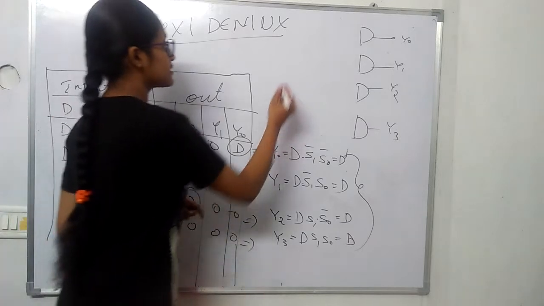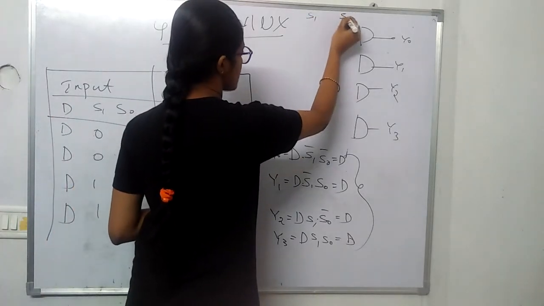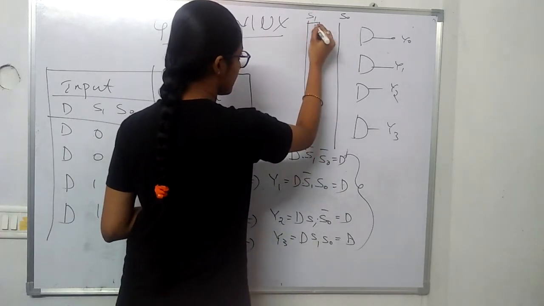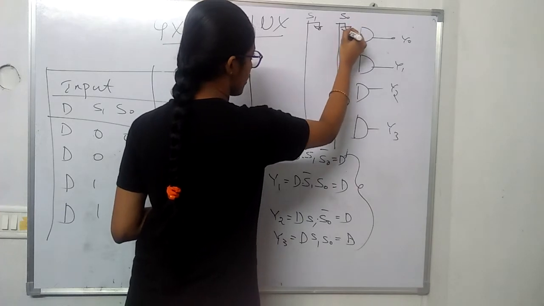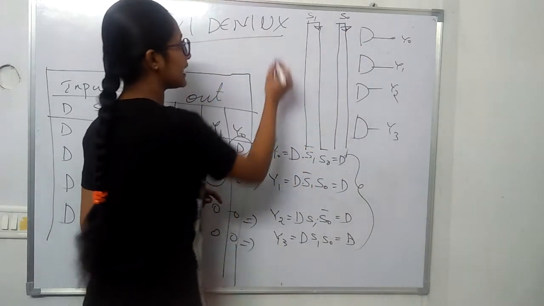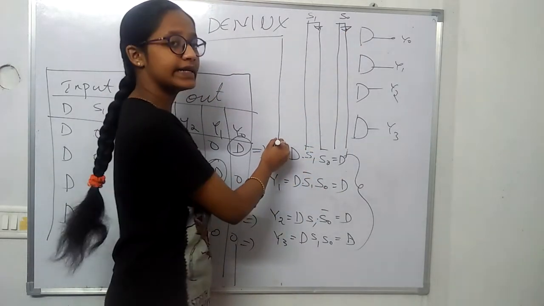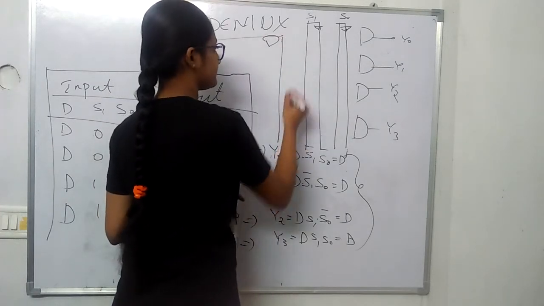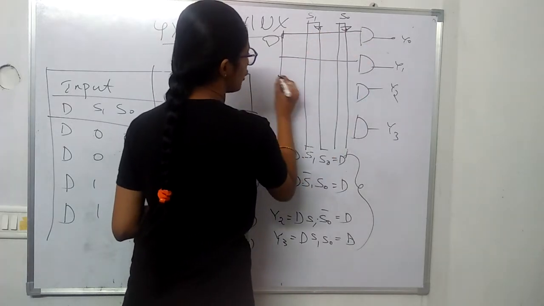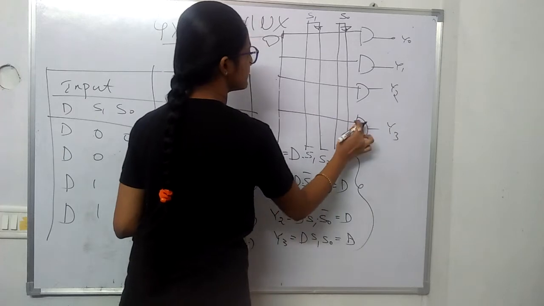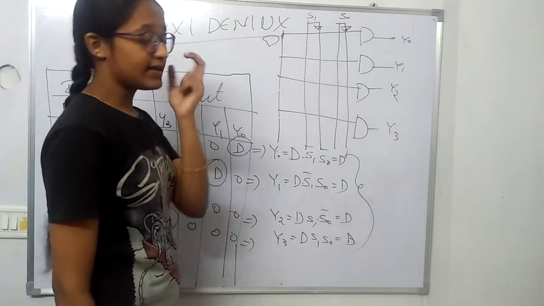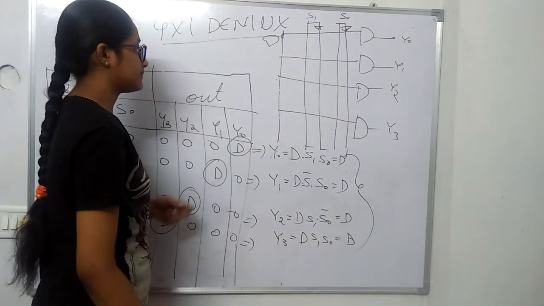The inputs are the selection lines S1, S0, and we have bar considerations in order to get outputs, so we also take inverters, and a continuous constant data line D. That is the data line that should be given to every AND gate in order to get the output D at the respective Y0, Y1, Y2, Y3 at the selected S1 and S0 lines.